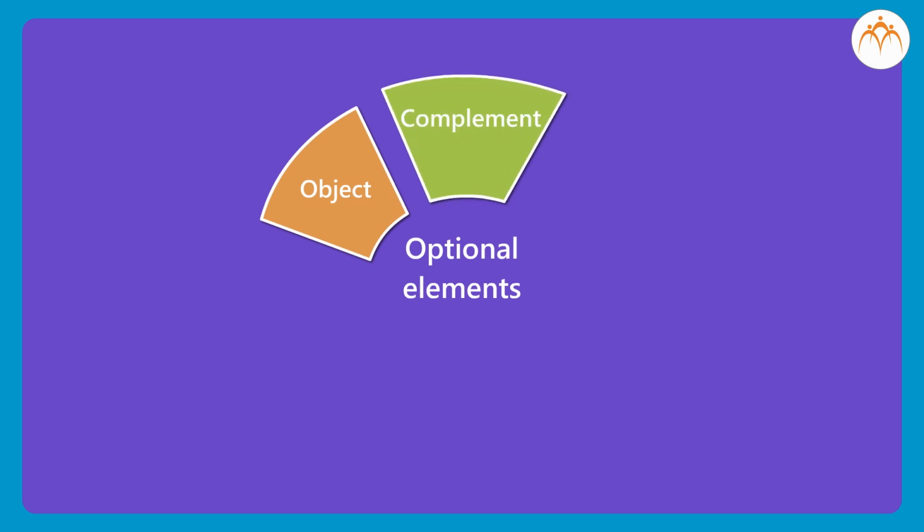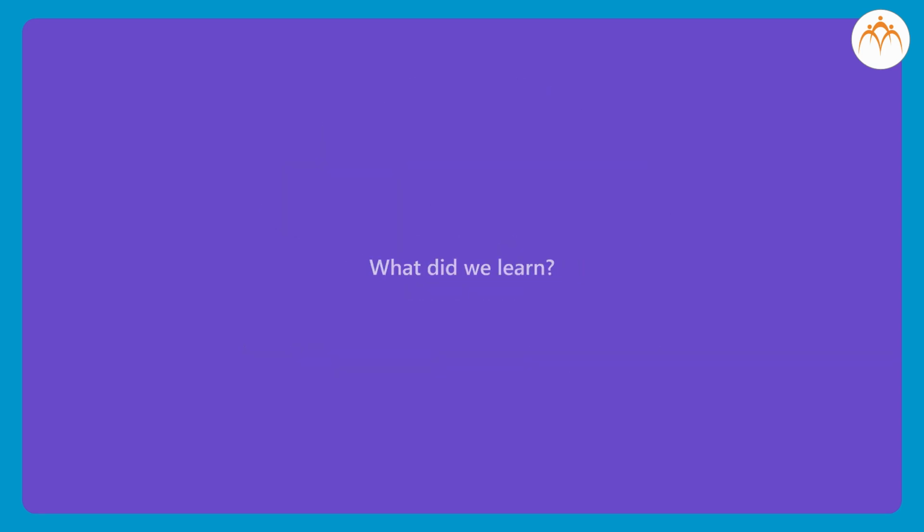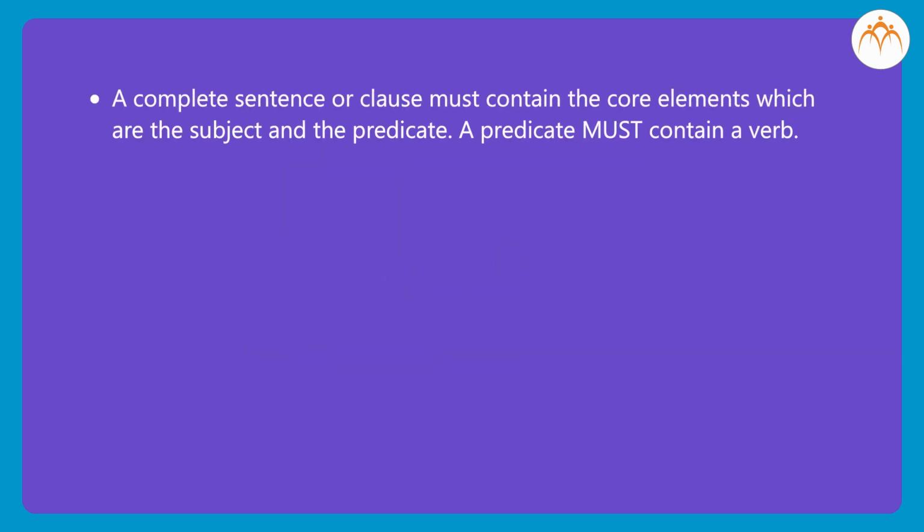Now that you know the 2 main parts of the sentence, take a look at how optional elements work. Optional elements include objects, complements, and modifiers. All of these are a part of the predicate. What did we learn? A complete sentence or clause must contain the core elements, which are the subject and the predicate.